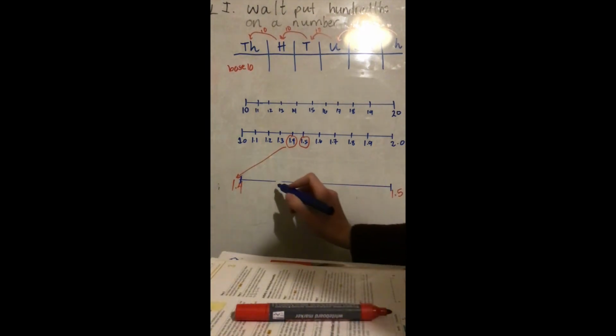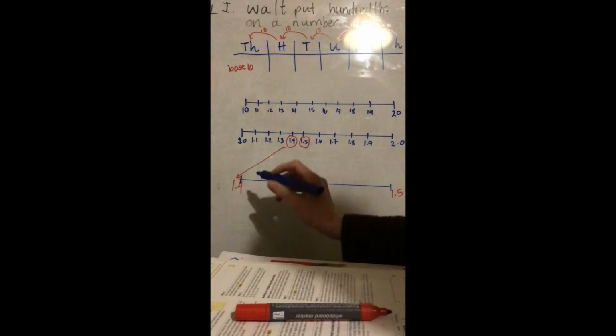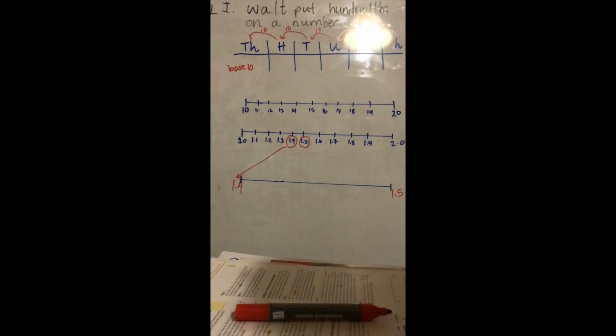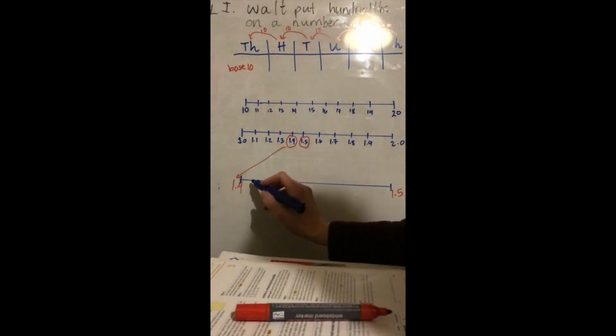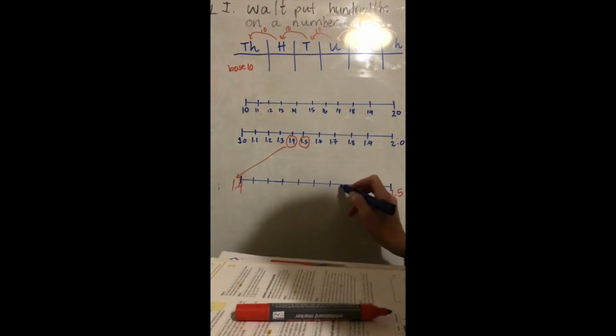Then on my number line, I would have, you guessed it, 10 smaller sections because there are 10 hundredths between 2 tenths. So we go again, 1, 2, 3, 4, 5, 6, 7, 8, 9, 10.